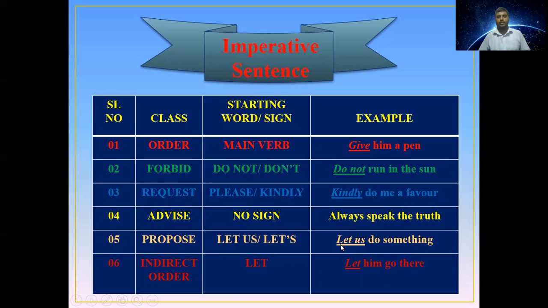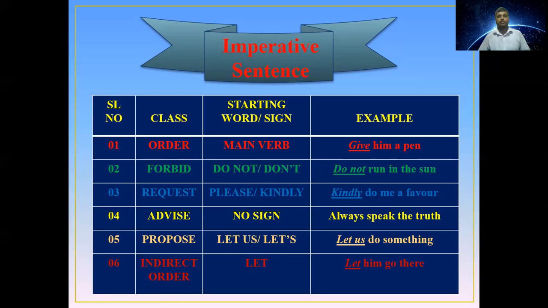The underlined word in this example is let us. In the last, serial number 6, indirect order. Starting word or sign: let. Example: Let him go there. The underlined word is let.